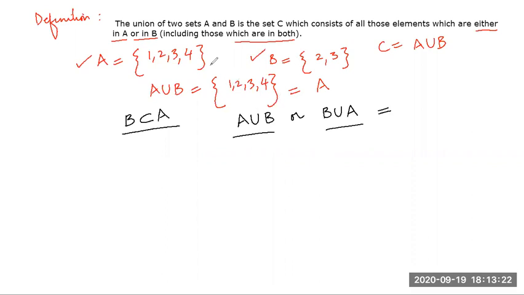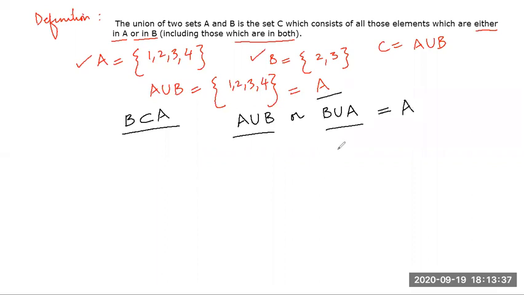See, A and B are not equal in this case. So A ∪ B is actually the bigger set or the superset A, as we got in this case.